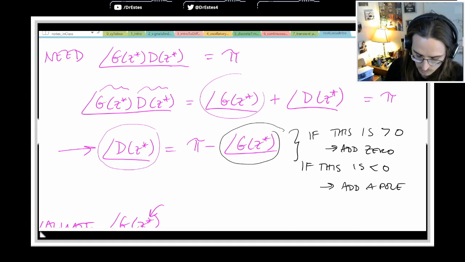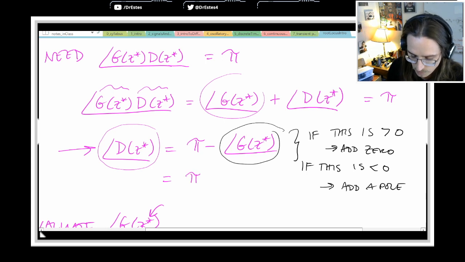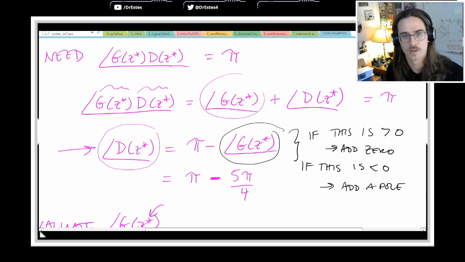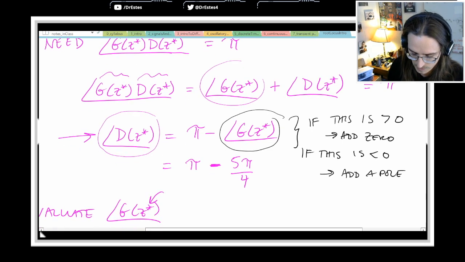So now that we have the angle of G of z, which was 5 pi over 4, that means the angle of D of z is minus pi over 4.